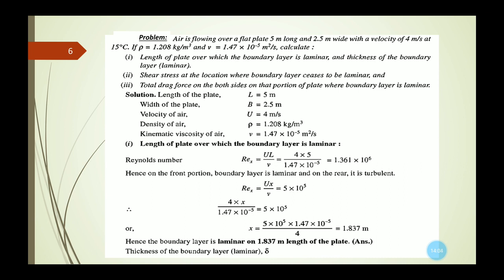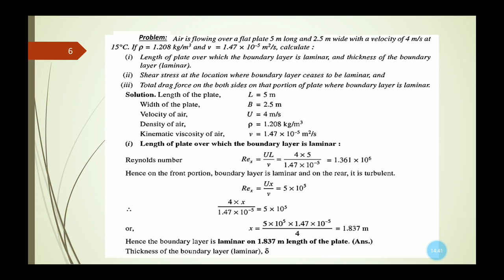Now when a fluid is flowing over a flat plate, then at the leading edge of that flat plate, the thickness of the boundary layer starts increasing, and after the fluid crosses some length of that plate, the laminar boundary layer zone starts.